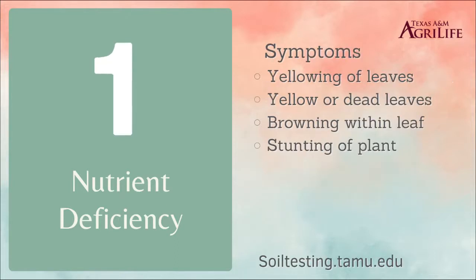So what are the symptoms of general nutrient deficiencies? And this list is a lot longer. I was just trying to stick to a shorter list and ones that revolve around yellowing plants.